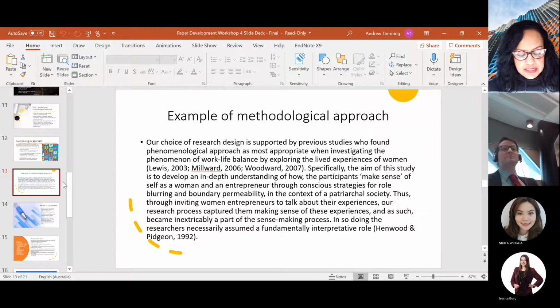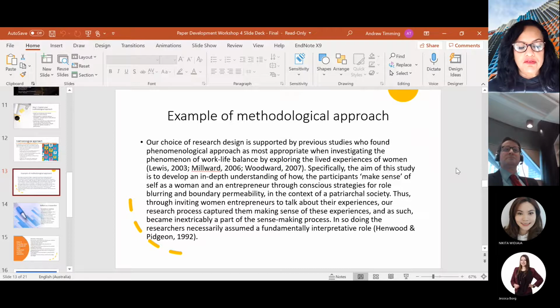Specifically, the aim of the study is to develop an in-depth understanding of how the participants make sense of self as a woman and an entrepreneur through conscious strategies for role blurring and boundary permeability, which was the focus of the study in the context of a patriarchal society.